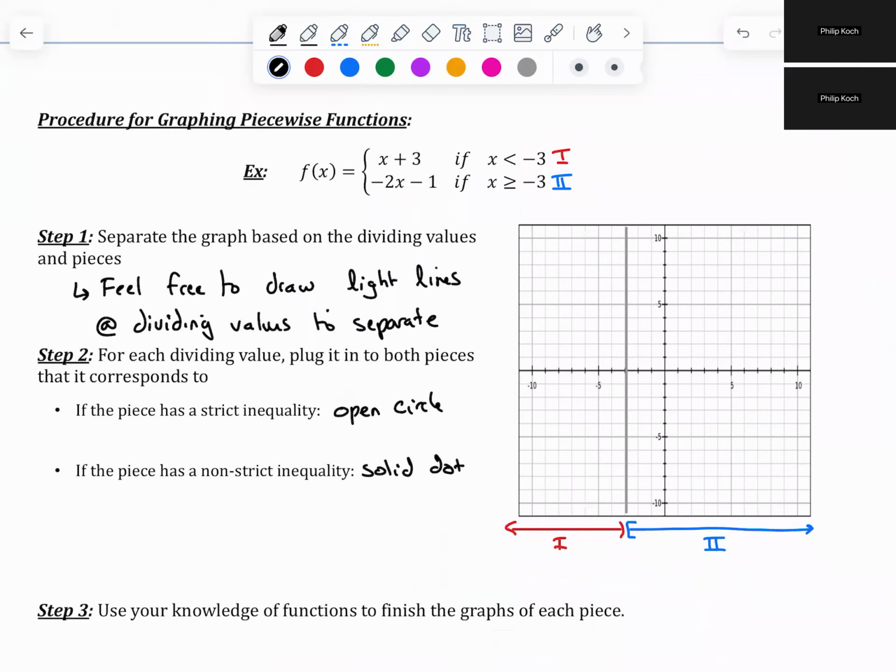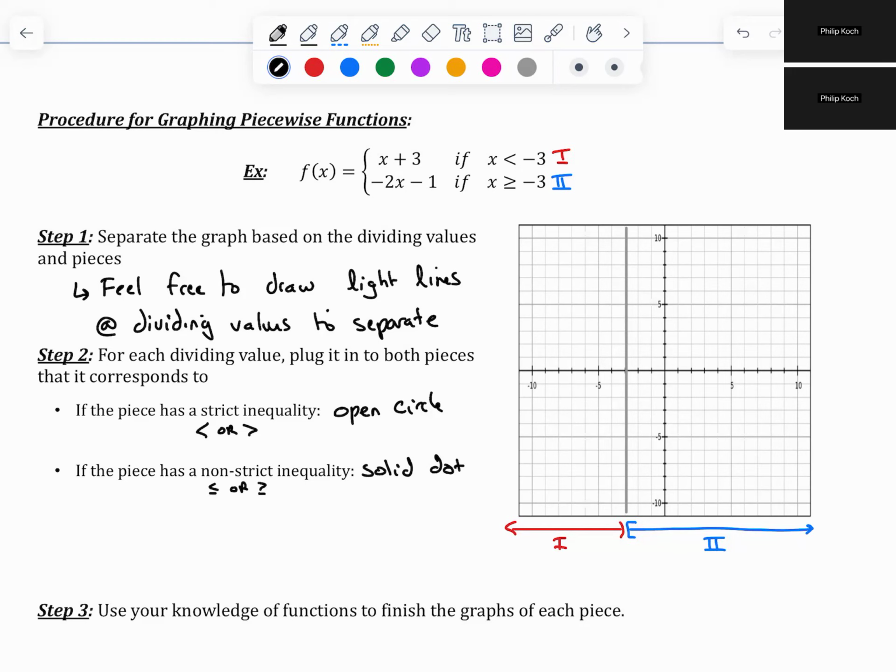Remember, strict inequalities are greater thans or less thans, and the non-stricts are less than or equal to's or greater than or equal to's. Just in case you didn't know the terminology, a strict inequality is one that does not include the or equal to. The non-strict does include the or equal to. And we'll explain why we're doing step 2 in just a moment.